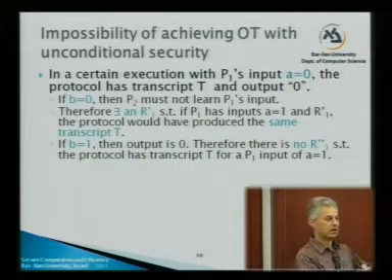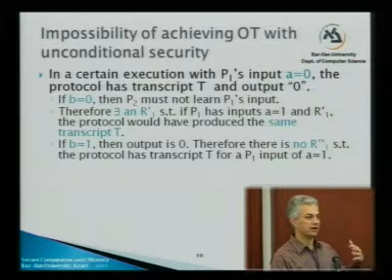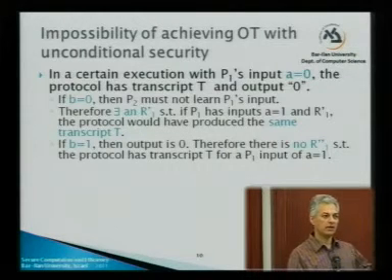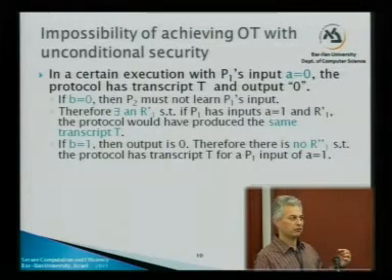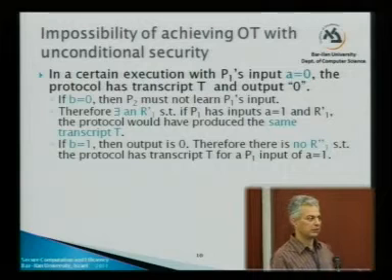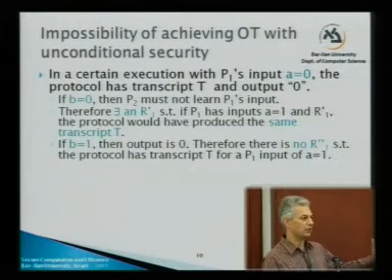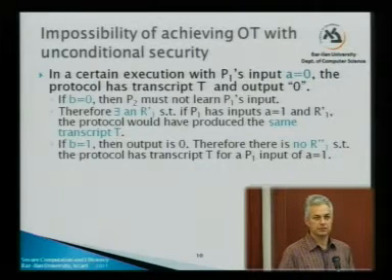Because she says, I saw this transcript coming from P1. Now I check all of the messages that P1 can send me for an input 0 and for an input 1, with all randomness possible for P1. If she sees that when P1's input is 1, there's no conversation that seems like the one she just received, then obviously P1's input was 0.